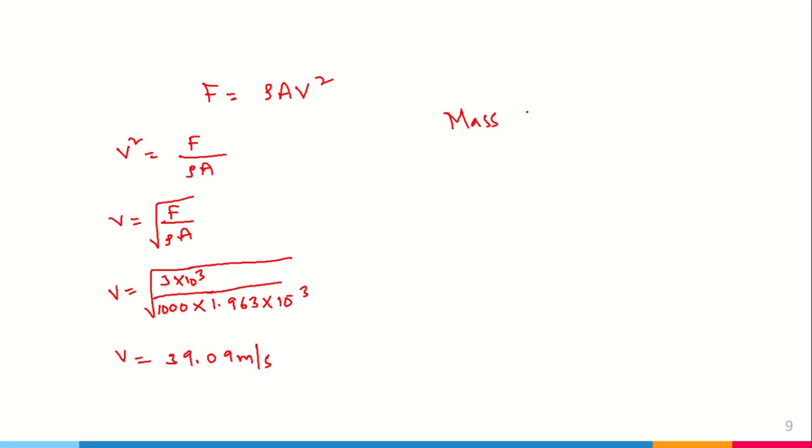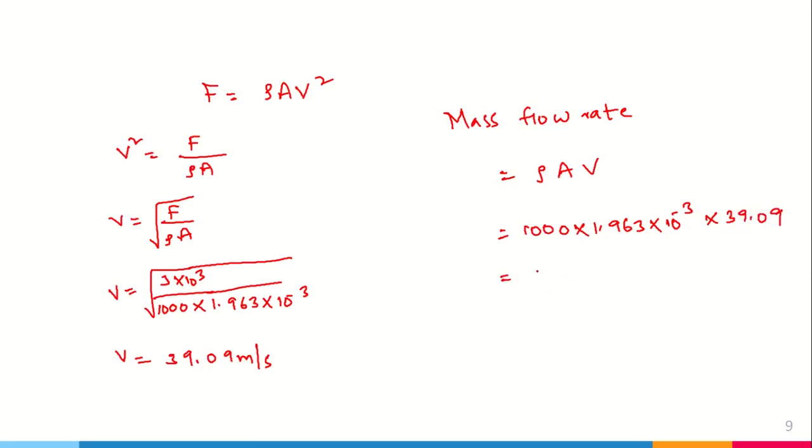Mass flow rate is equal to rho A V, which is equal to 1000 into 1.963 into 10 power minus 3 into 39.09. Let's see what answer we get. It is 76.73 kg per second. This is the mass flow rate.